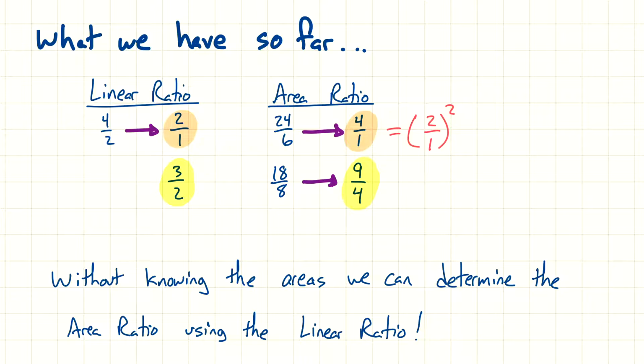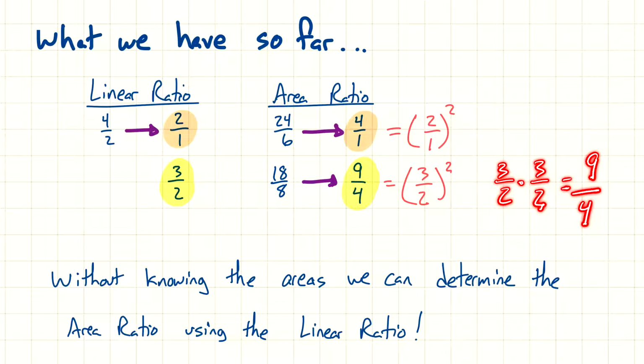So if I take 3 over 2 and I square it, right? So 3 over 2 times 3 over 2, because that's what squaring means, to multiply by itself. We're left with 3 times 3 on top is 9, and 2 times 2 on the bottom is 4. So that's exactly what we had over here, 9 over 4.